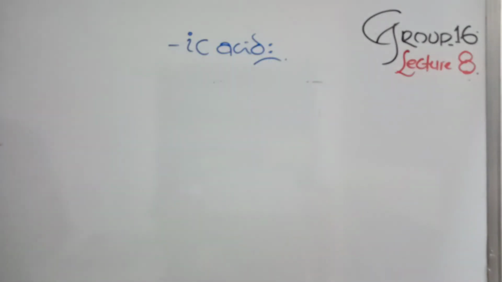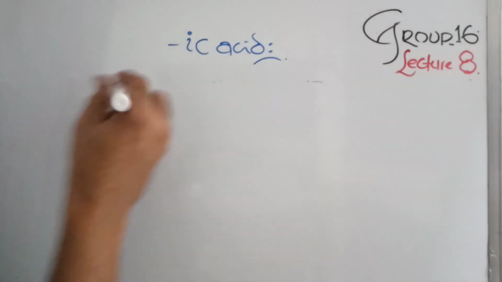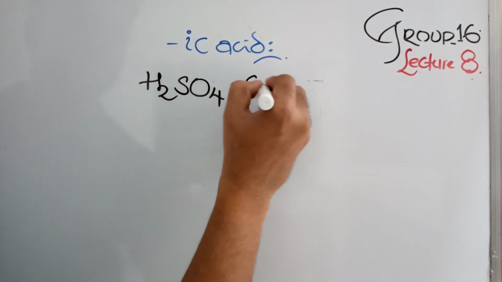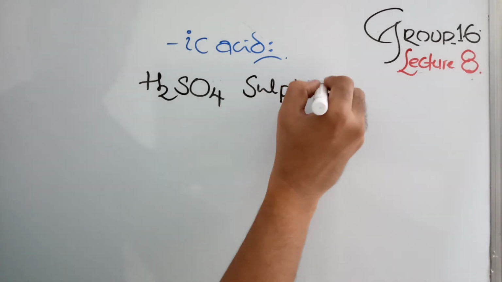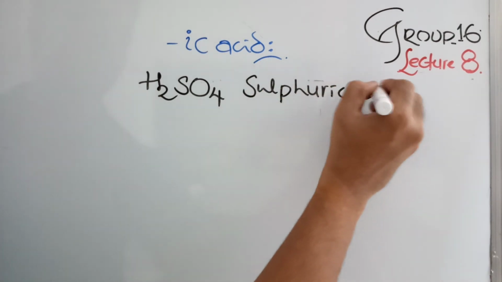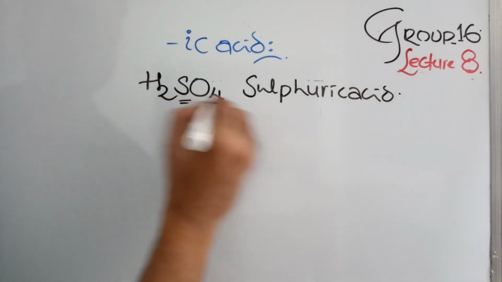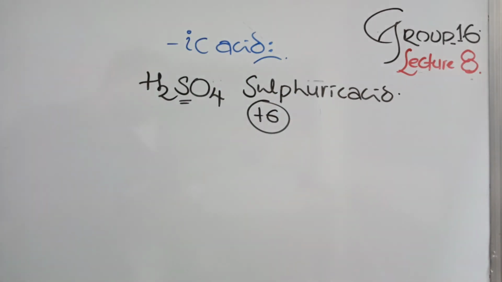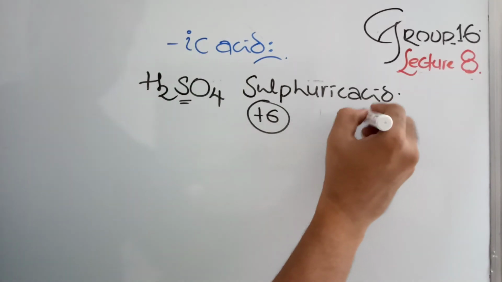Ic acid series. In ic acid series, the first one is H2SO4, sulfuric acid. Sulfur oxidation state will be +6 here. Higher oxidation state, no lone pairs will be here.